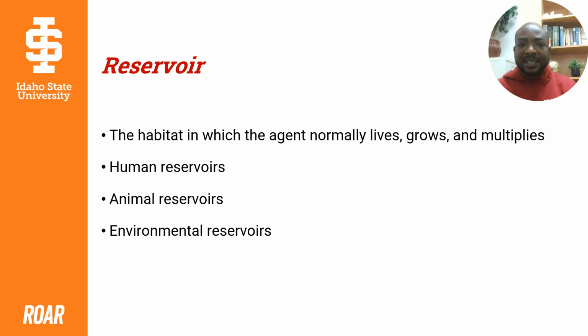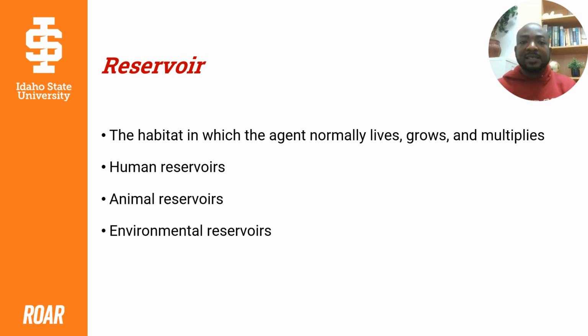So let's look at animal reservoirs. Humans are also subject to diseases that have animal reservoirs, and many of these diseases are transmitted from animal to animal with humans as incidental hosts. The term zoonosis refers to an infectious disease that is transmissible under natural conditions from vertebrate animals to humans.